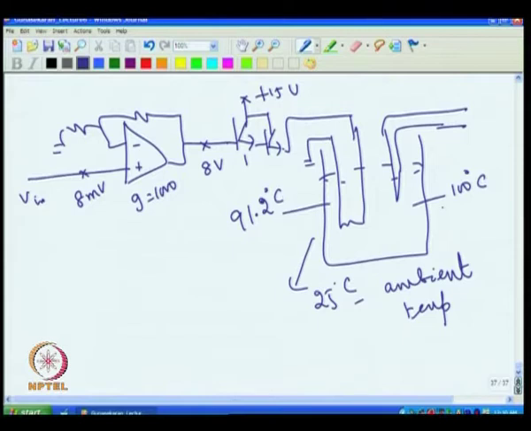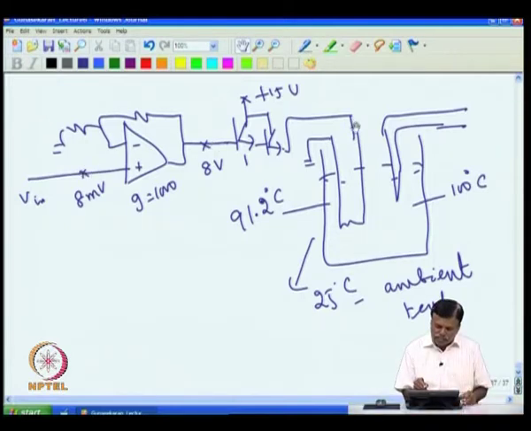I had set 100 degrees C, but it does not go to 100 degrees C, it goes only to 91.2 degrees C, because if it tries to go more than 91.2, this error will come down, then the heater voltage will also come down, and the heater will not be able to maintain that temperature if the voltage in the heater comes down. So now it has stabilized at 91.2, but we wanted 100 degrees C.